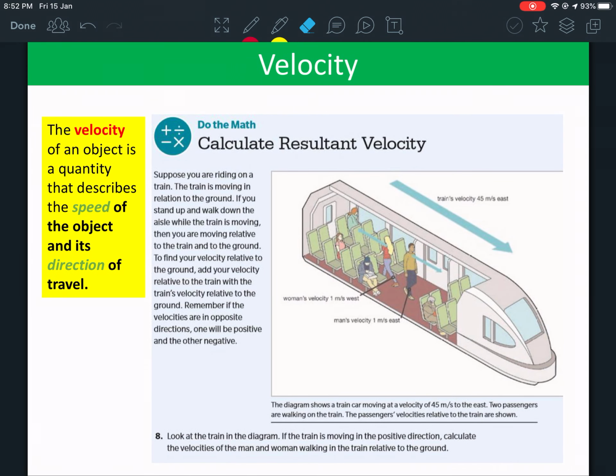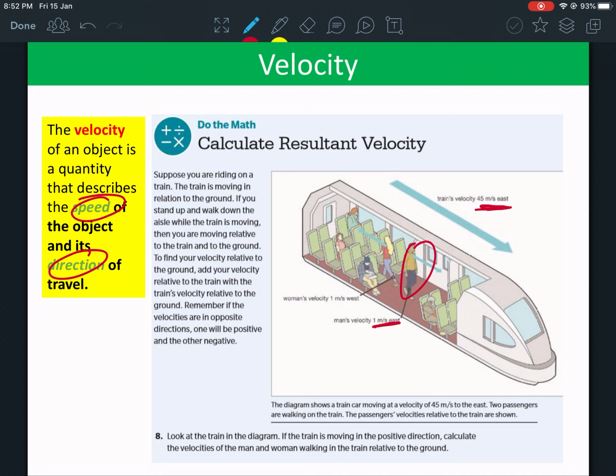Velocity is the object's quantity described by speed with a direction. You already know this: velocity is speed with a direction. That's just repetition. Resultant velocity is the velocity that results. For example, the train is moving 45 meter per second east. This man is moving 1 meter per second east.